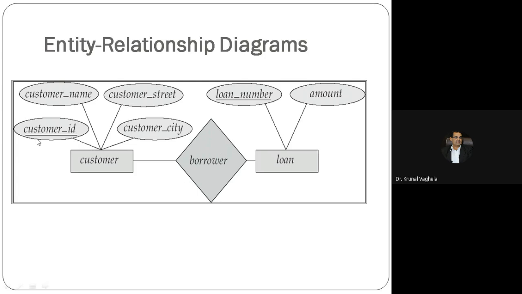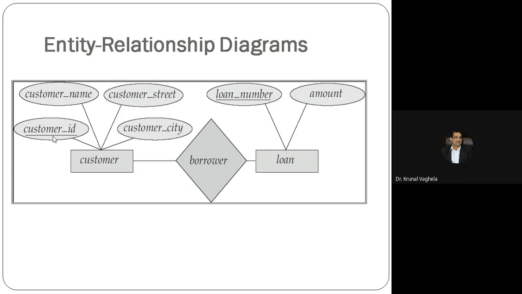Now, let me explain what is this underlined customer ID. How can a bank differentiate between two customers with some ID? How are you different from the others? Which is the attribute which is different? GR number or enrollment. Two persons can have the same name, the same height, same weight, everything. But a person cannot have the same passport number or customer number, right? So that is primary key.